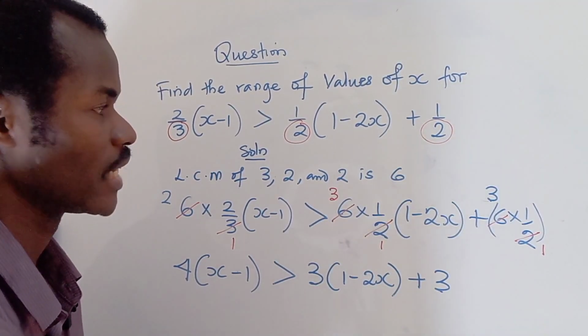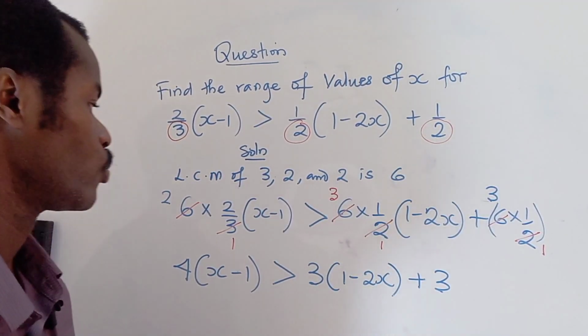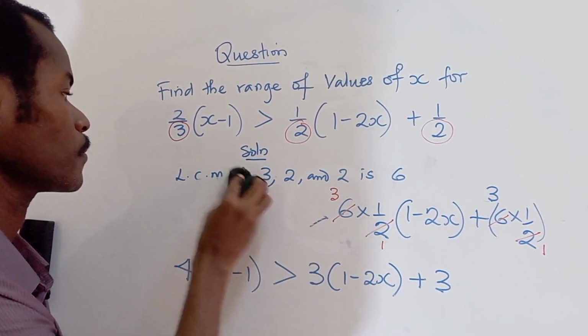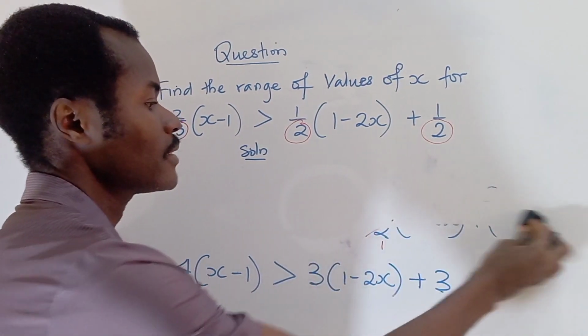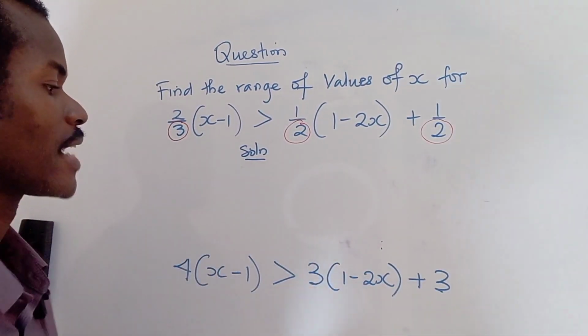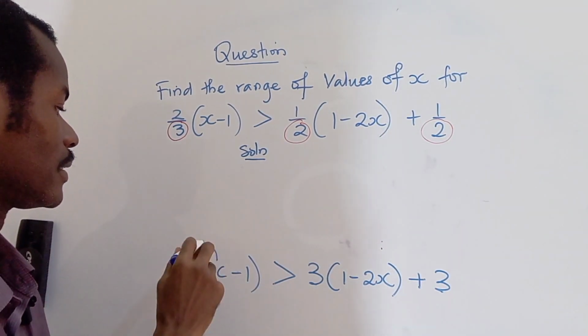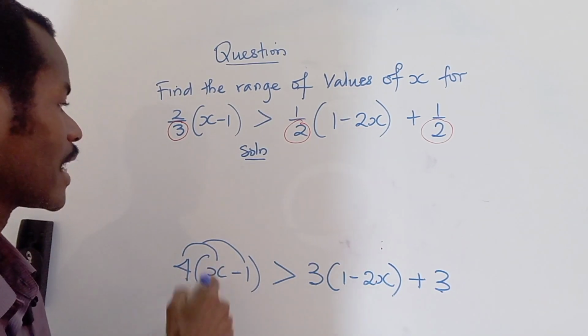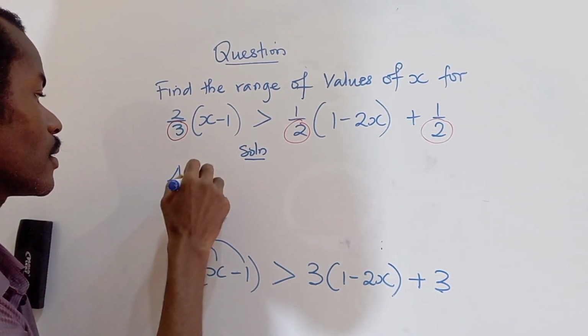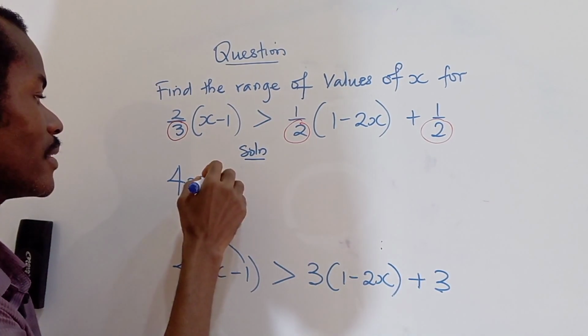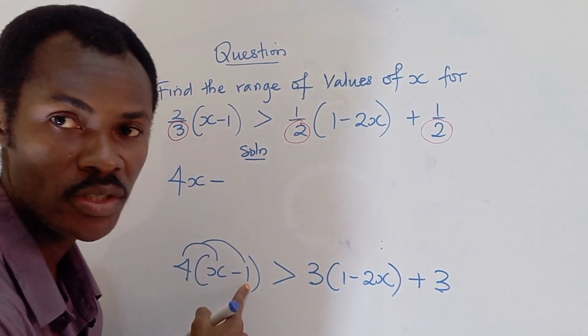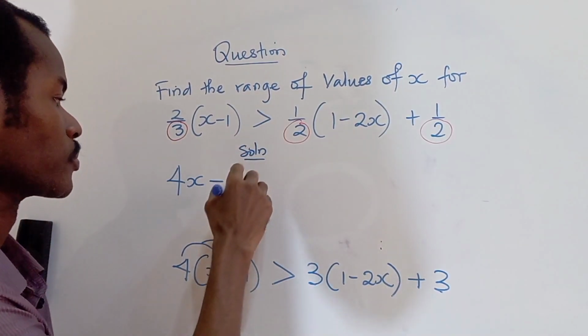Now that we have this expression, we can open the brackets. We'll open the bracket at the left hand side and at the right hand side. This will multiply this and this will multiply. So 4 times x is 4x, minus 4 times 1, which gives us 4.